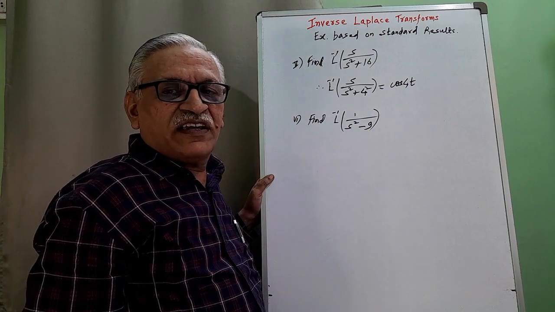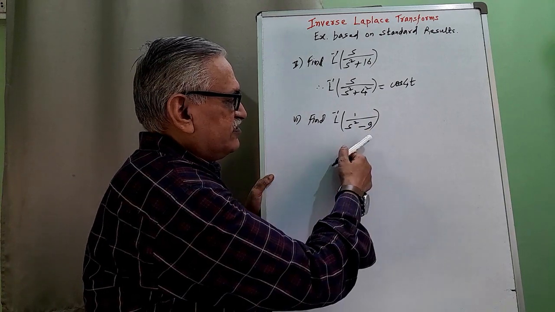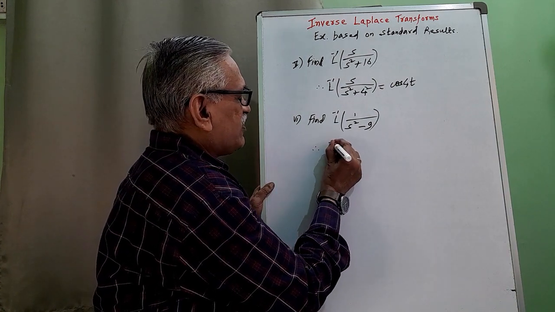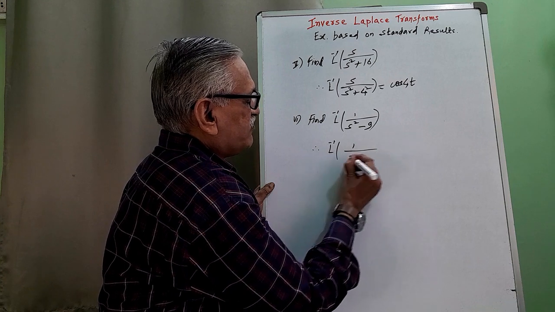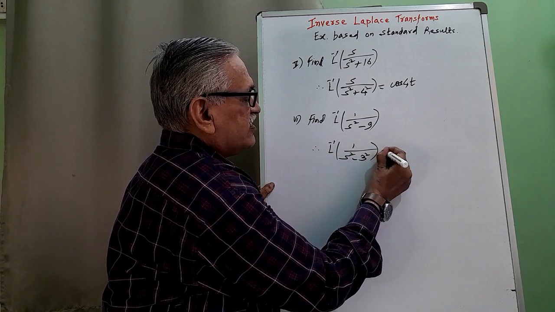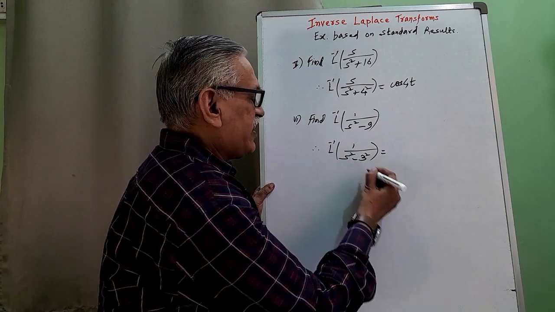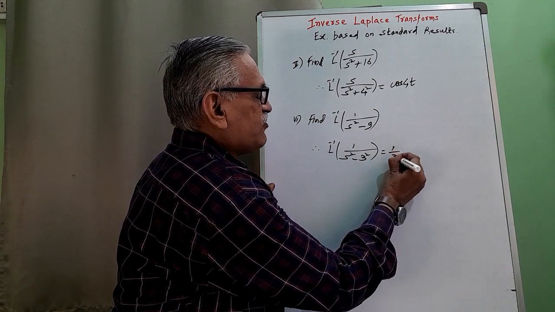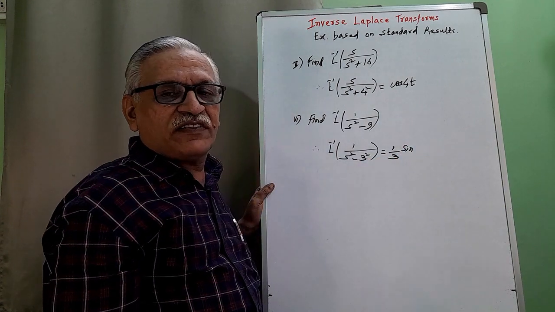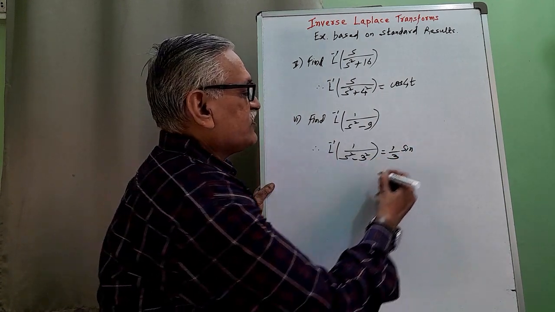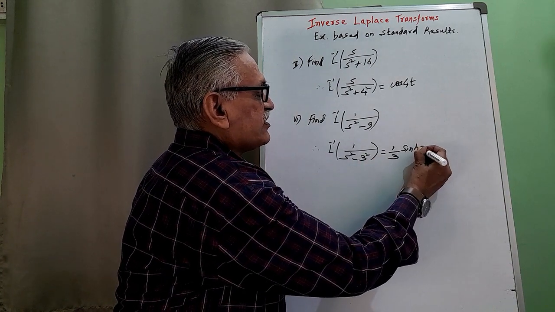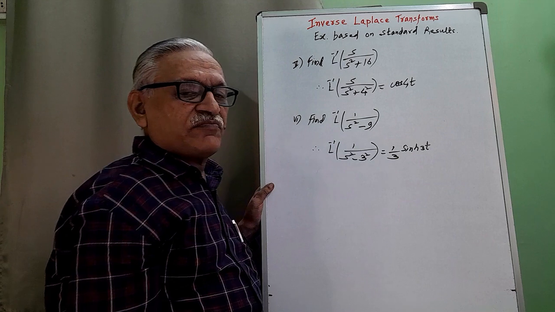Here 3 square means 9, and therefore inverse Laplace of 1 upon s square minus 3 square, as per the standard result, is 1 by a, here 1 by 3, sine hyperbolic of at. As it is in the s square minus a square form, therefore it is sine hyperbolic 3t divided by 3.